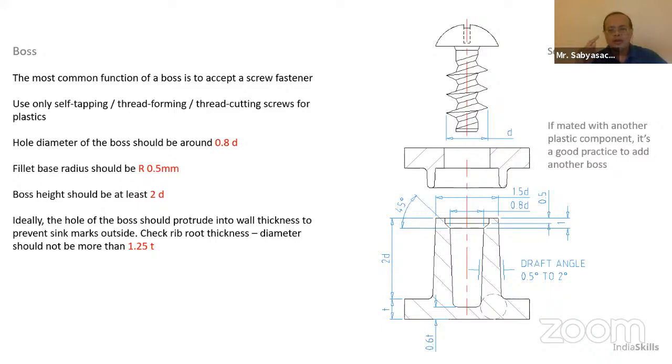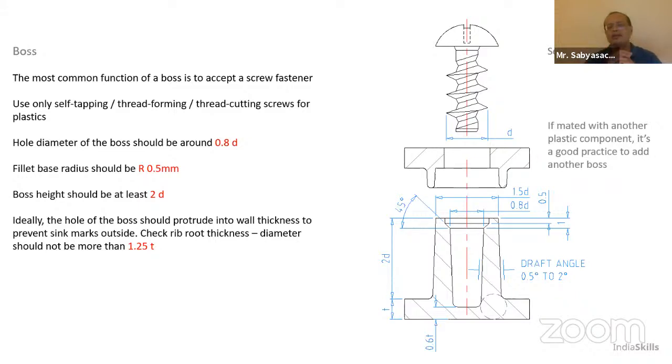A couple of things to be noted. If you have 2 components, like you're showing in the diagram here, a top component and a bottom component with the boss built in, it's very good practice to add another boss around it.